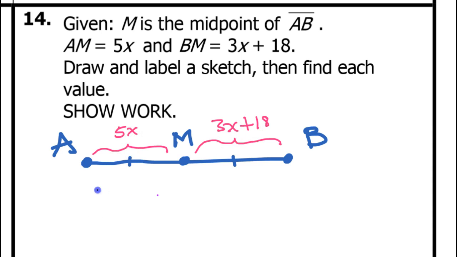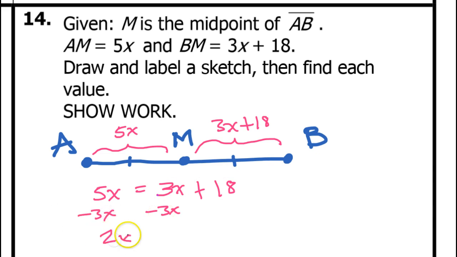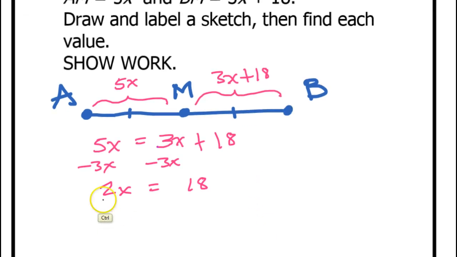So we will say 5x equals 3x plus 18. Subtracting that 3x from both sides, we get 2x is equal to 18, and then dividing both sides by 2, we get x is equal to 9.